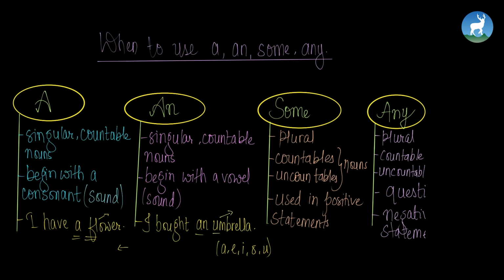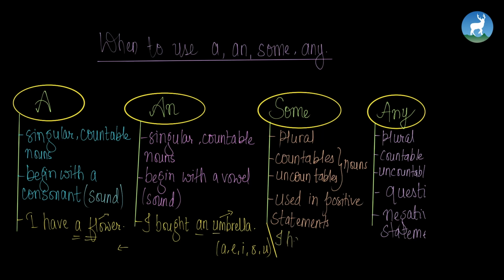Okay, let's go to some. So as I said, some is used for plural. It could be countable or uncountable noun, and it's used in positive statements. So positive statements are those statements which have got no such use of negative words like no, not, don't, etc. Okay, so let's take an example for some.